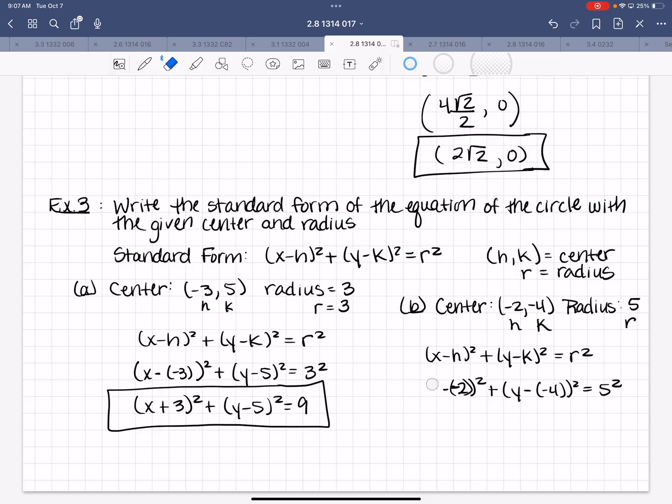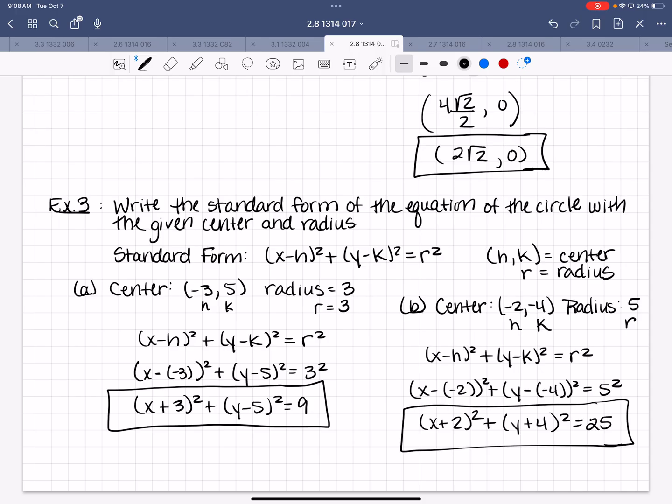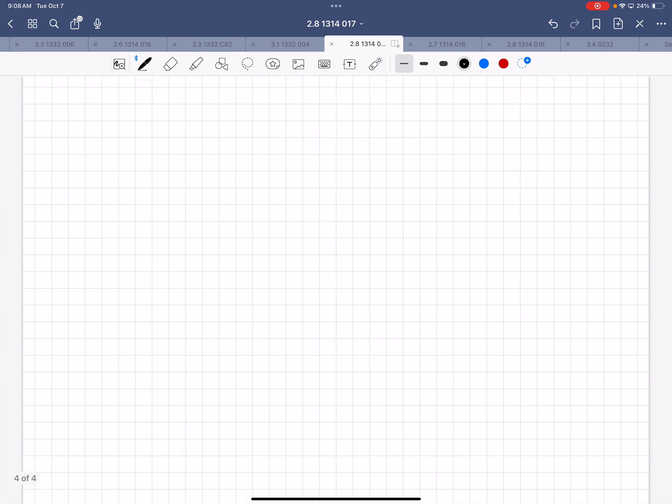Let me write that a little nicer. X minus -2 gives me x plus 2 squared plus y plus 4 squared equals 25. And that's your answer. Those are friendly, not too bad at all. Let's look at some that aren't the friendliest.